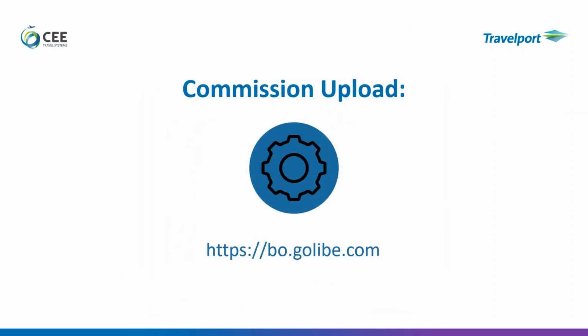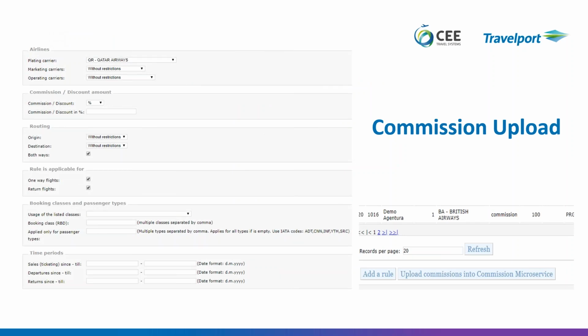So how do you upload and maintain the commissions? The responsible person or persons will get access to our admin console, where all commissions can be defined based on various criteria like point of departure, country, or country of arrival.